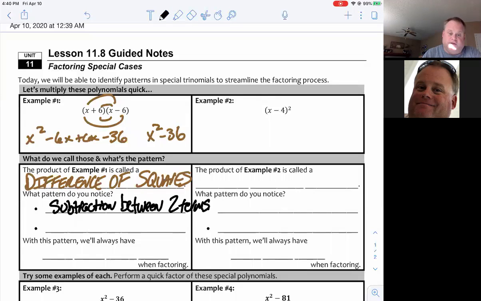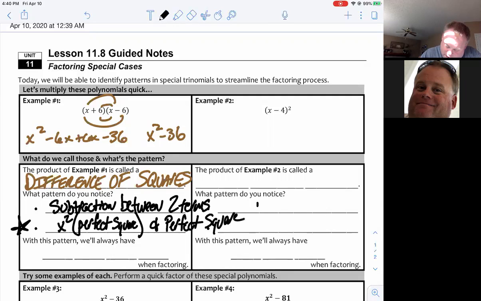And those two terms have to be this: an x squared term, meaning a perfect square, and a perfect square constant.